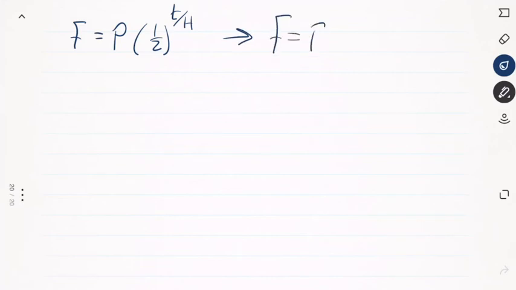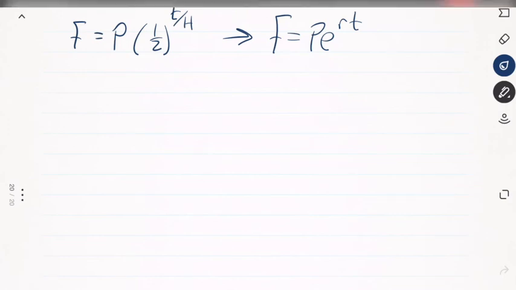So to go backwards and forwards between an exponential growth model and a halving model, so f equals p times (1/2) to the t over h, and I want to convert it into f equals pe^(rt). The first thing to know here is r is going to be negative, representing the decay that's going on, compared to r being positive for growth rates.